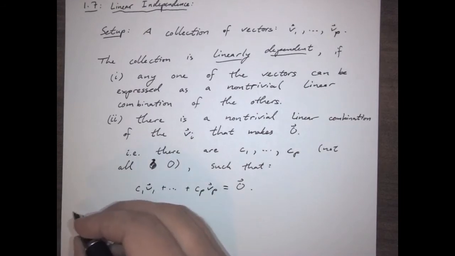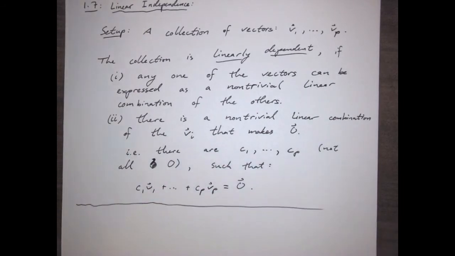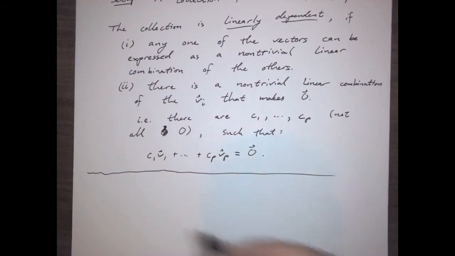If a collection, on the other hand, is linearly independent, then that means that this cannot happen.